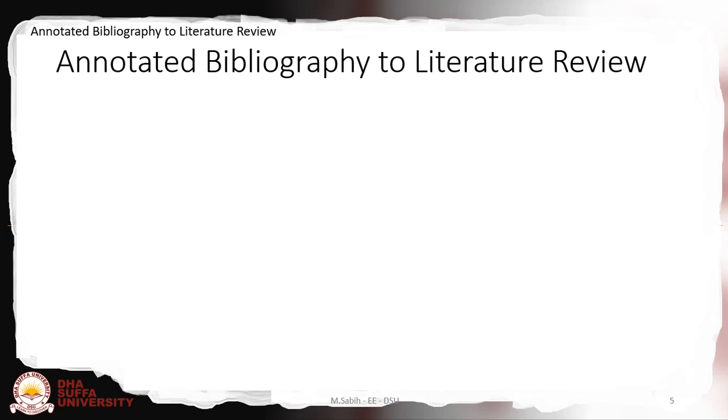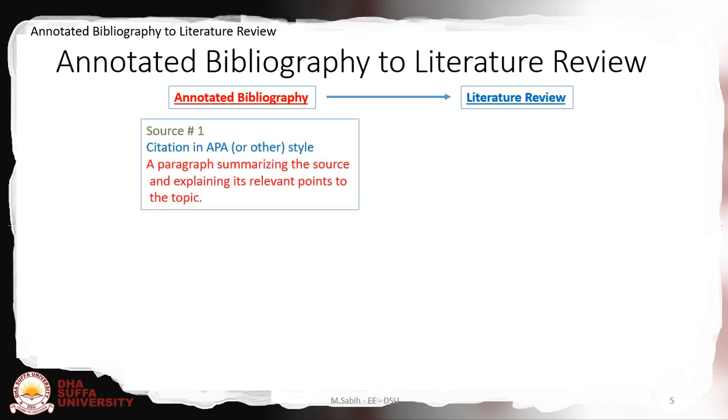So in annotated bibliography to literature review, what you do is, let's say this is your research paper number 1, or source 1. Initially you put the citation or reference in APA style, for example, or another style, and then you write a paragraph after that which summarizes the source.